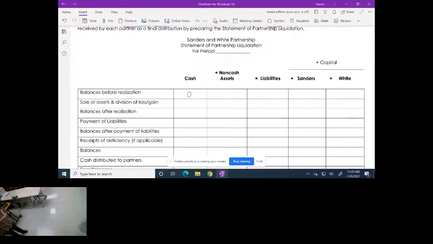How much do we have for liabilities? What they tell us: $55,000. They didn't give us anything for non-cash assets. How much does each partner have? That's right. Now, they sold non-cash assets, so we know they're bound to have some. If I draw this little line here, this is assets, plus liabilities plus owner's equity.